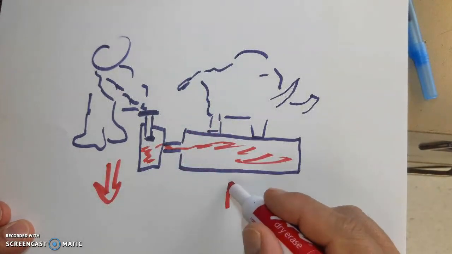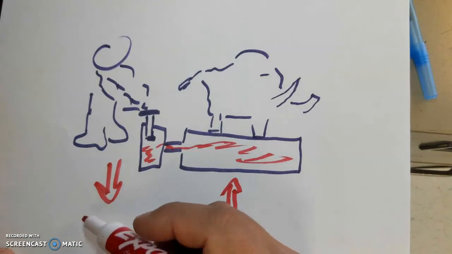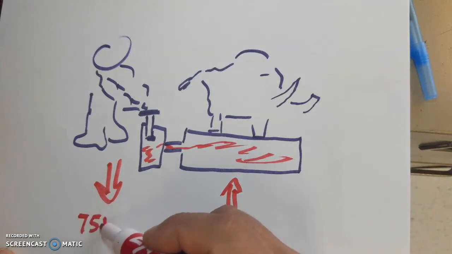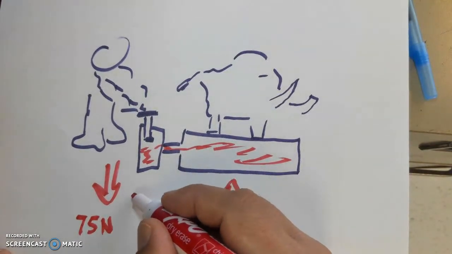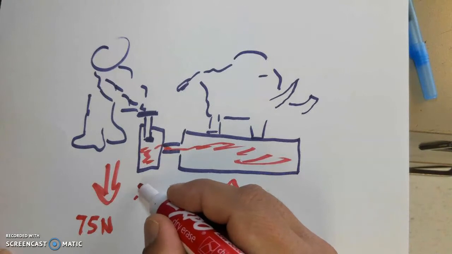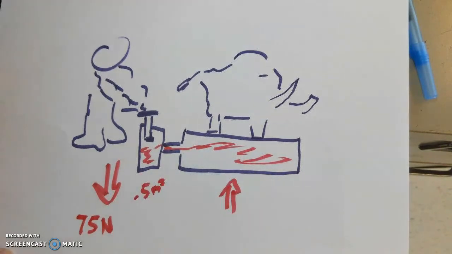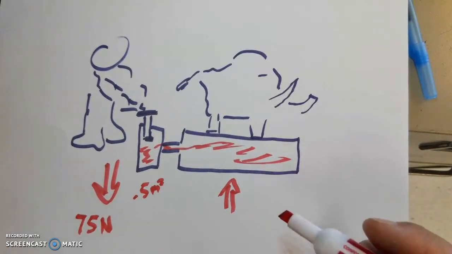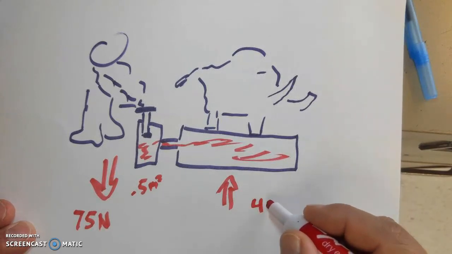So when he pushes down, we want to know how much force he can generate, okay? So he's pushing down on this with 75 newtons of force. And this is 0.5 meters squared. That's the area. 0.5 meters squared, okay? This big wide platform here is 4 meters squared.